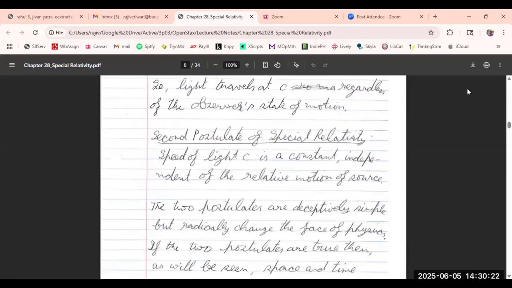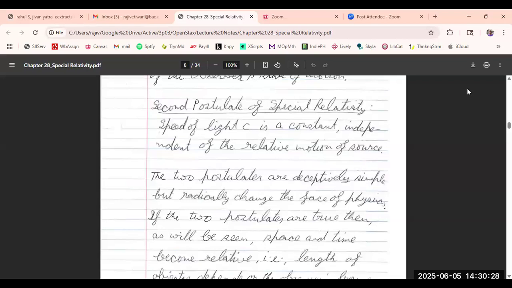It doesn't matter what the state of motion of the observer is. So that's the second postulate of special relativity. Speed of light is c, 3 times 10⁸ meters per second, independent of the relative motion of source and observer, independent of what frame of reference it's measured in.